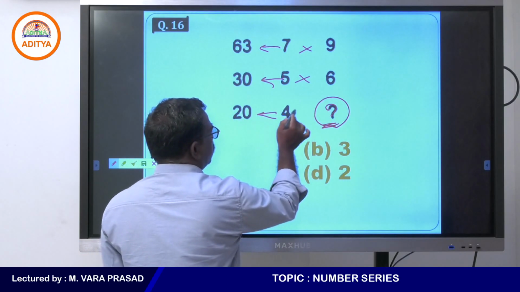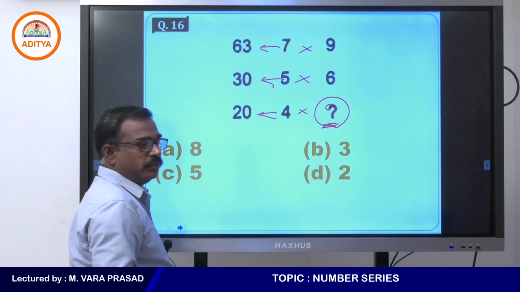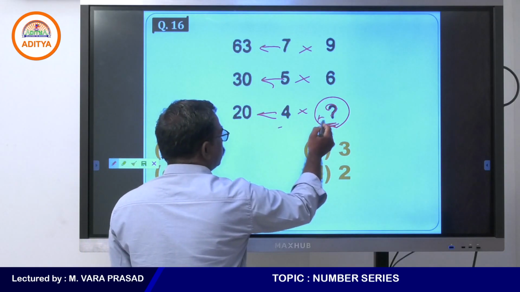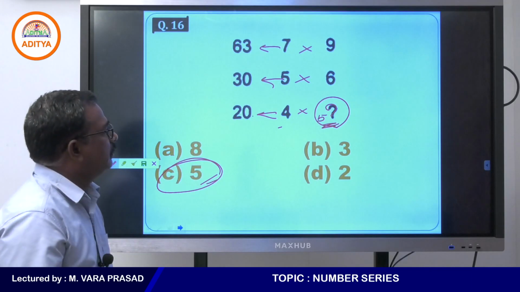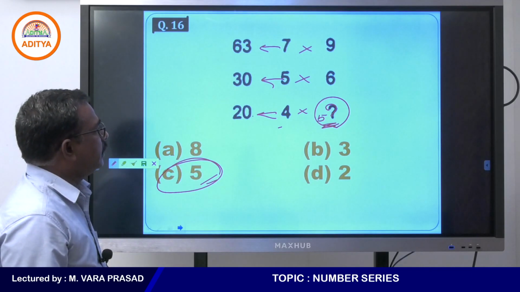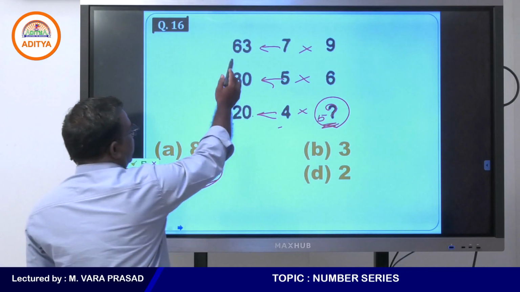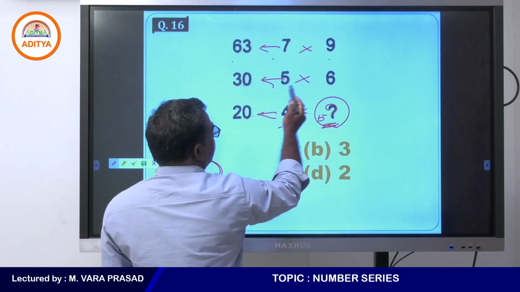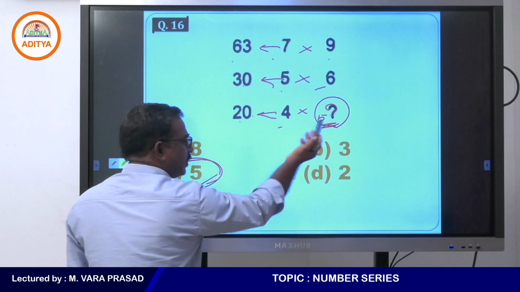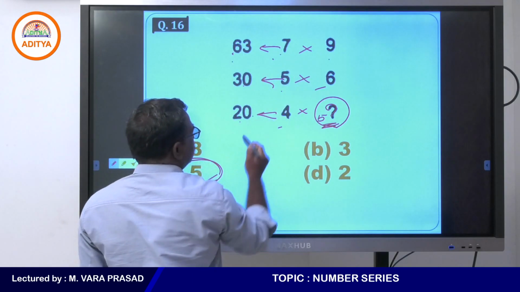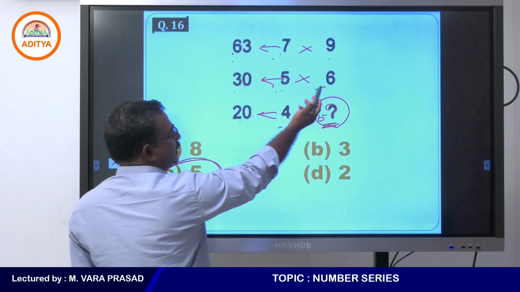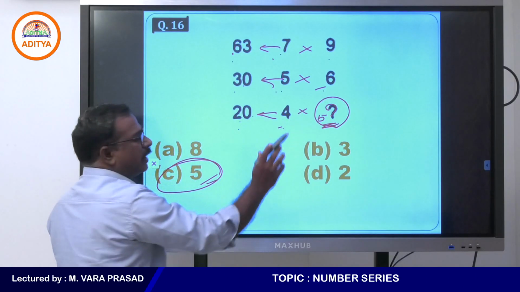You will get 20, 5, 4 are 20. So the answer is 5. Very easy one. Another way: 63 by 7 is 9, 30 by 5 is 6, 20 by 4 is 5. We can do it in that manner.